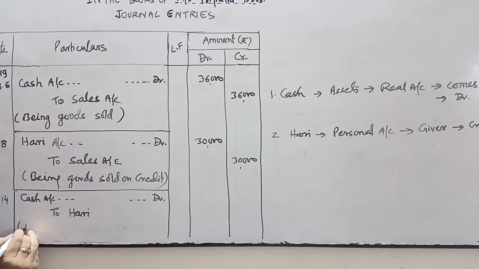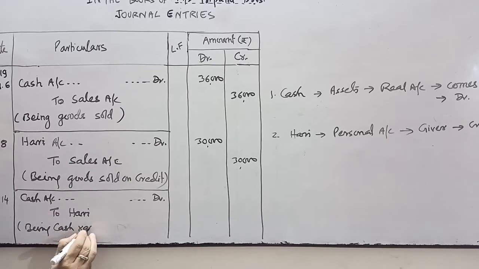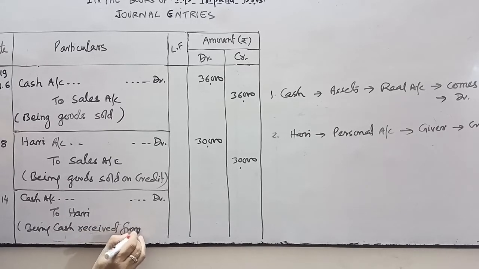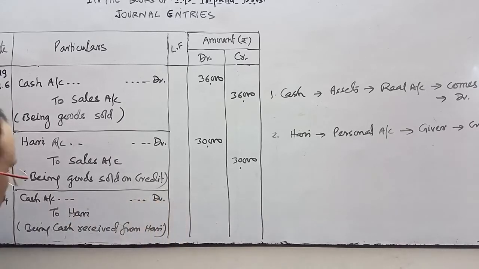What will we write in the narration, in our explanation? Being cash received from Hari. Now see the amount. What's the amount? Cash received from Hari is 18,000.